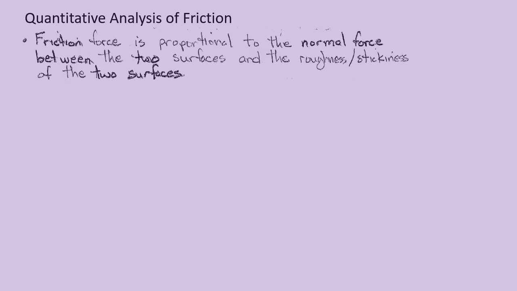Let's move on and talk about the quantitative analysis of friction. So we know that from observations, the frictional force is proportional to the normal force between the two surfaces, and it's also proportional to the roughness or stickiness of the two surfaces.